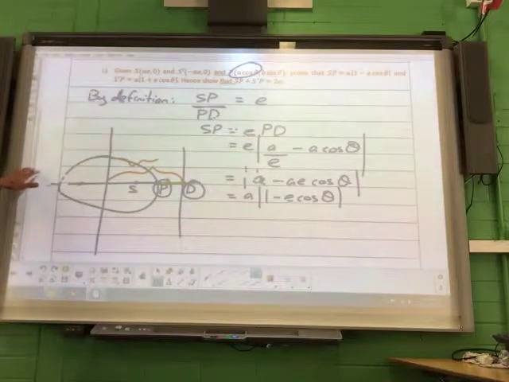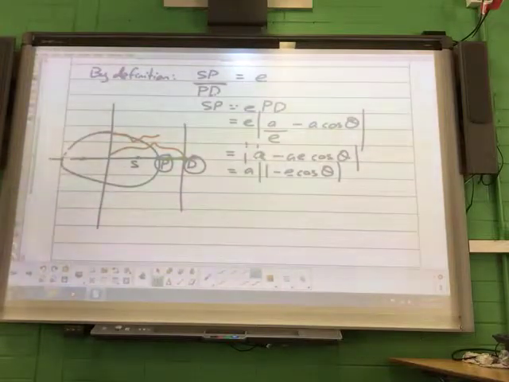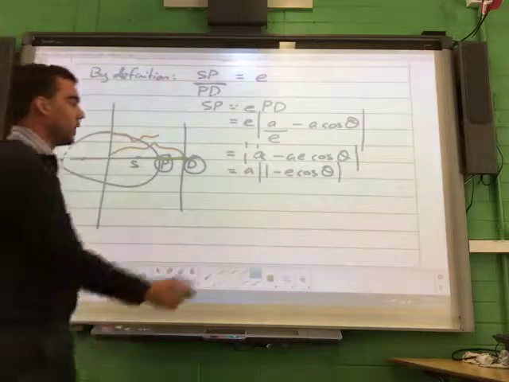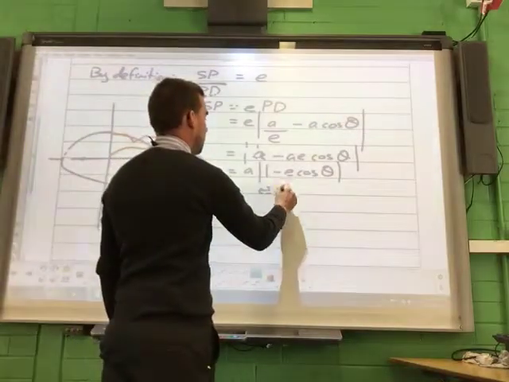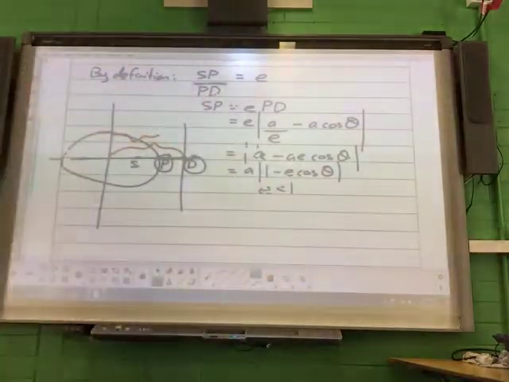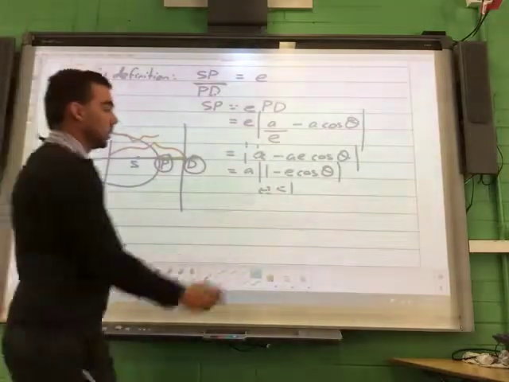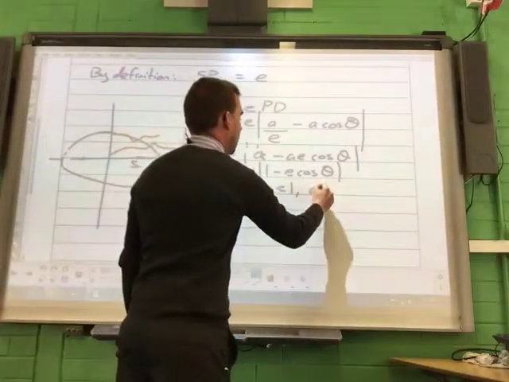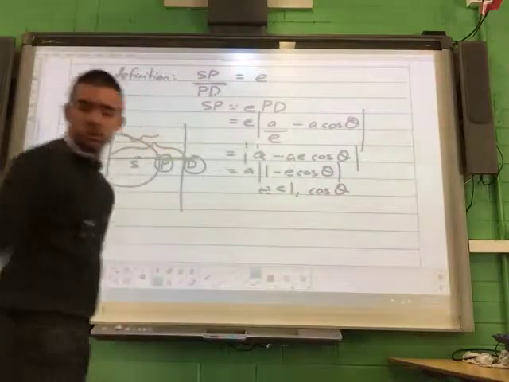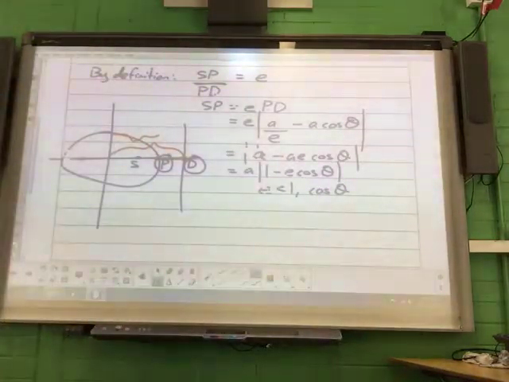Okay, so a couple of things I need to consider. For the ellipse, the eccentricity is less than 1, and I know that cos theta is going to be less than or equal to 1.